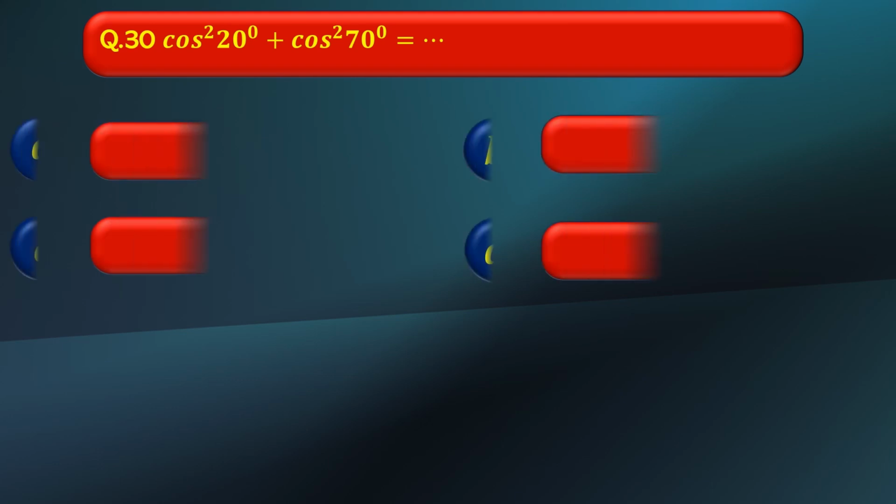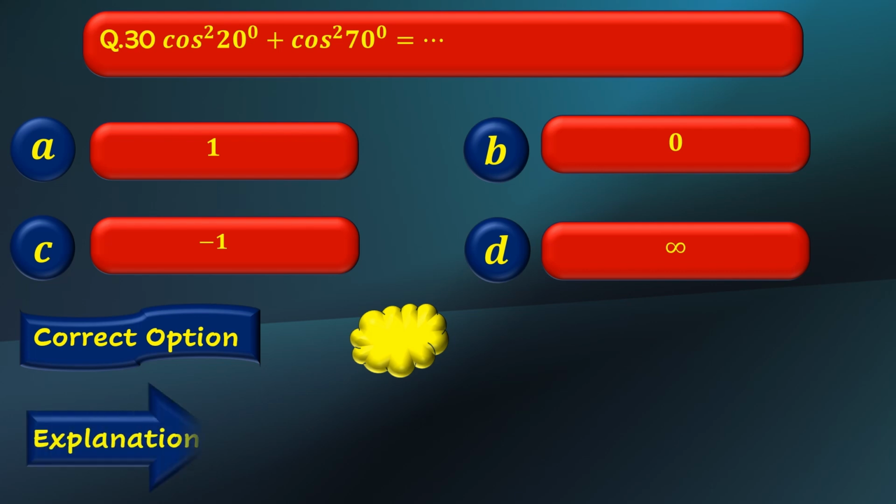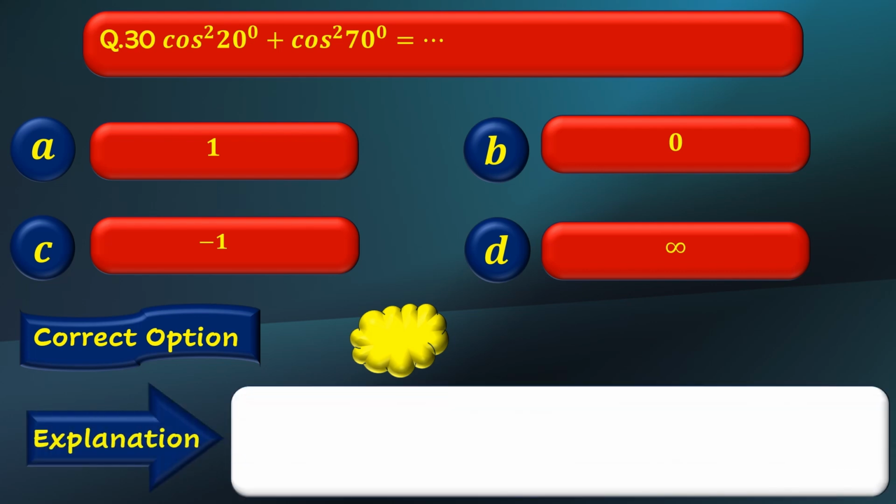Question number 30. Cos square 20 plus cos square 70 is equal to, and the options are. Let's find out which one is the correct option. But before that, let's explain it. Here cos square 20 plus cos square 70 is the given expression.